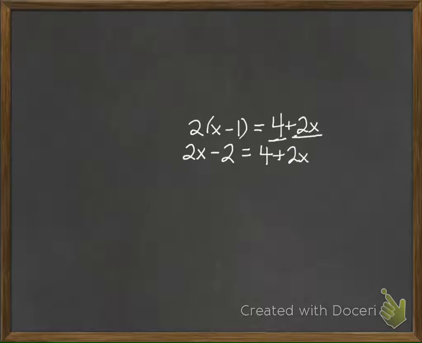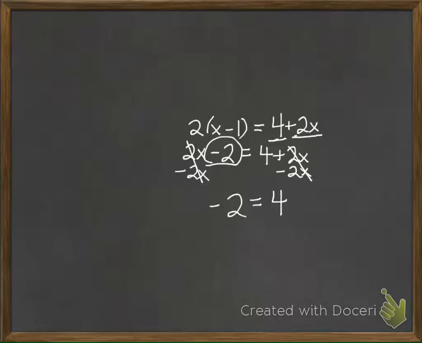Now from here, I'm going to subtract 2x from both sides to get rid of this 2x on the right-hand side that I don't want. This will go away, so on the right-hand side I'll be left with simply 4. And on the left-hand side, I've got 2x minus 2x over here as well, so that also goes away, which leaves me with not 2 but negative 2.